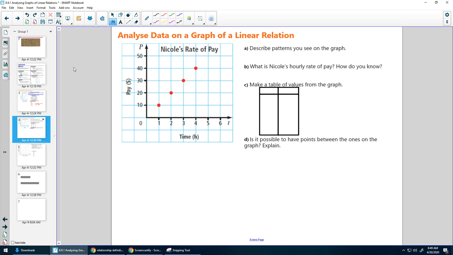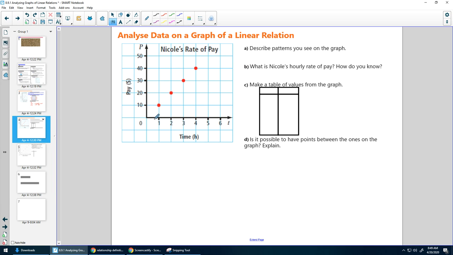Okay, next example here. Nicole's rate of pay. So describe patterns you see on the graph. I'm not going to write them all out, I'm just going to talk through them. So for example, the graph provides data on the pay Nicole receives for each hour worked.